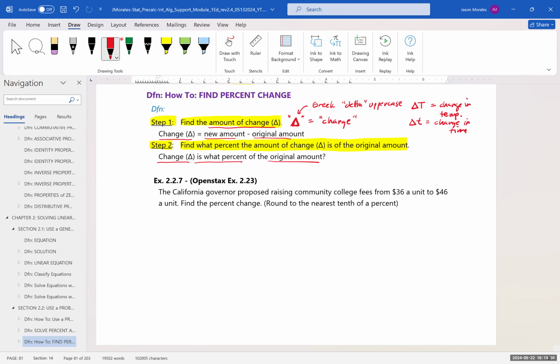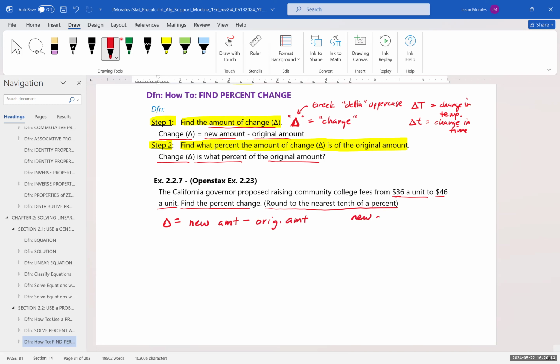So let's look at this first example. It says the California governor proposed raising community college fees from $36 a unit to $46 a unit. Find the percent change, and let's round to the nearest tenth of a percent. Okay, so the change is going to be the new amount minus the original amount.